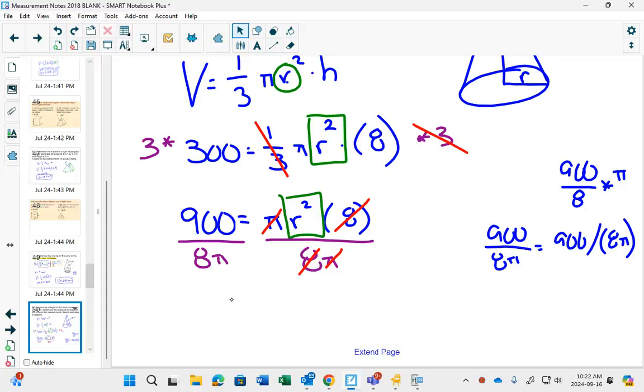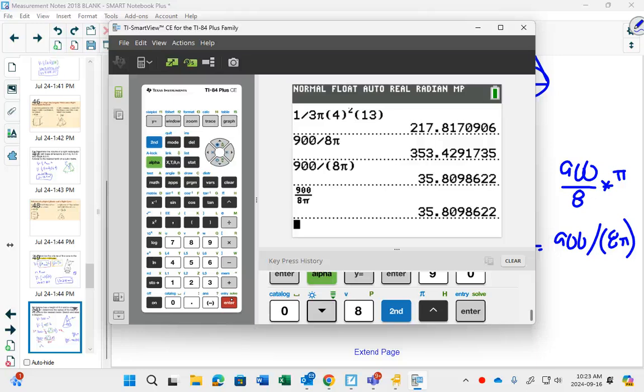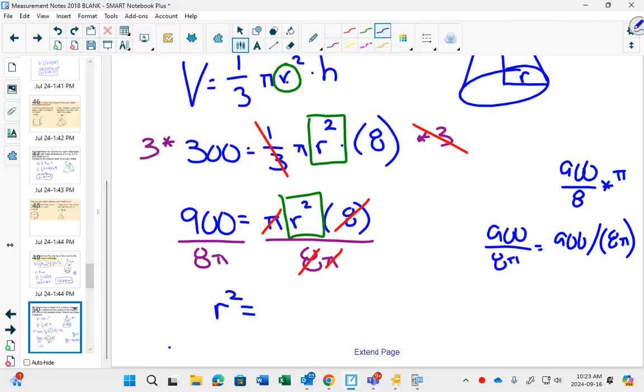And we get our answer, which is that r squared is equal to, we finally got the r squared by itself. Go to my calculator, 35.809. And sometimes what I do in my math to tell the teacher that I remembered not to round early, but I don't want to write too many numbers, I just put 3 dots there to say, I'm keeping all of my decimal places, Mr. JR. I'm not rounding early.